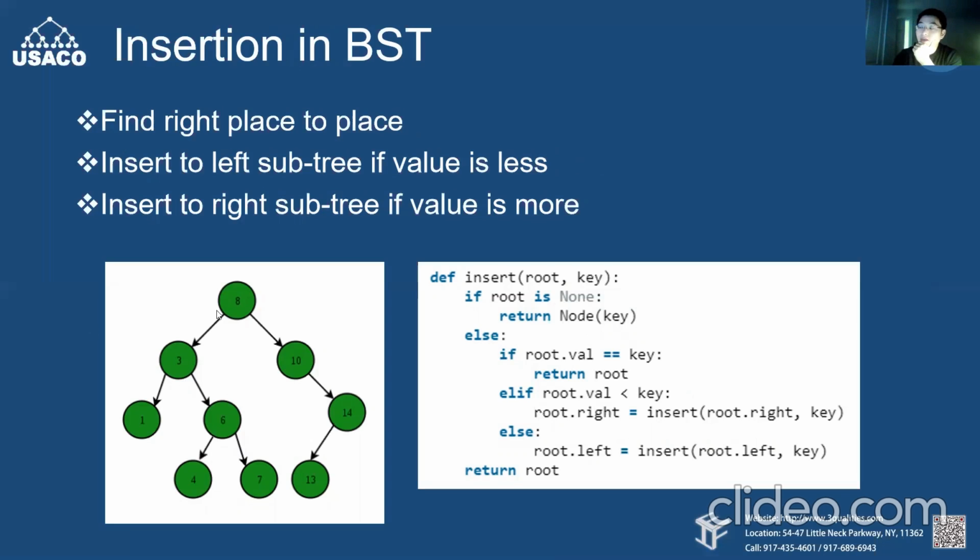I'm checking from the root. Is the target number 6 smaller or bigger than 8? If it's smaller, we know we only need to search the left part. The right part is bigger than 8. I don't need to care because the number I'm looking for is 6.